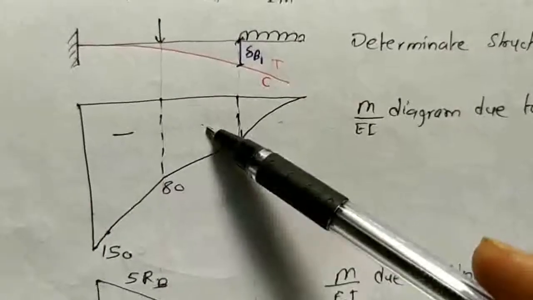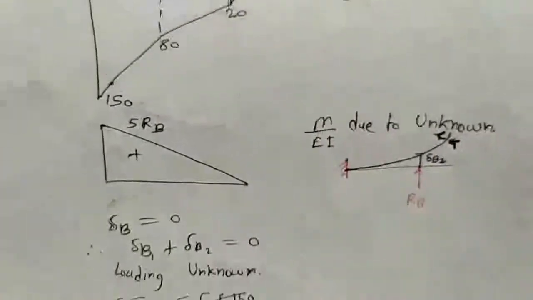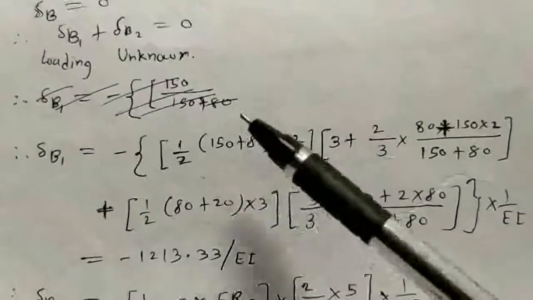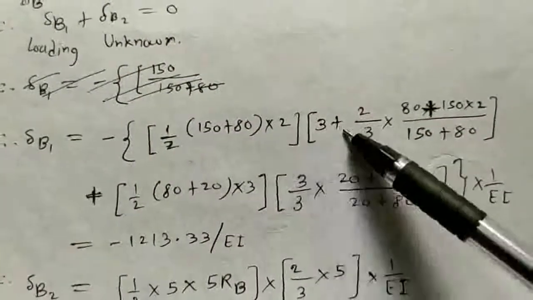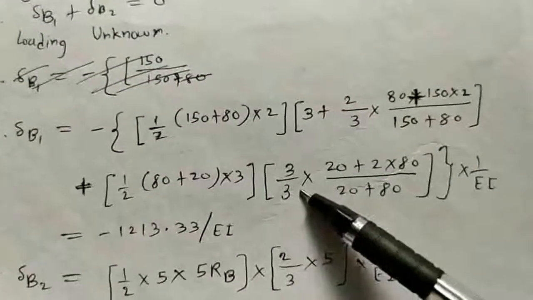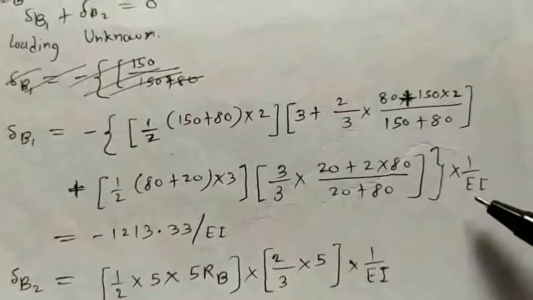So this one is a trapezoid, this is also a trapezoid. Just I am writing the area of these two trapezoids, multiplied by the distance from point B, and overall multiplied by EI.